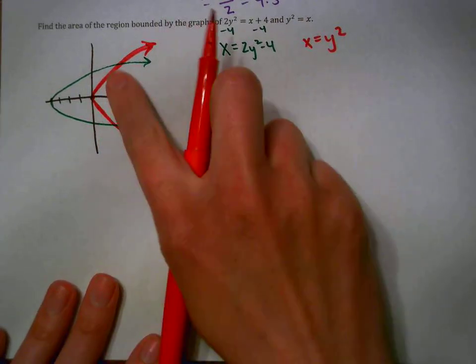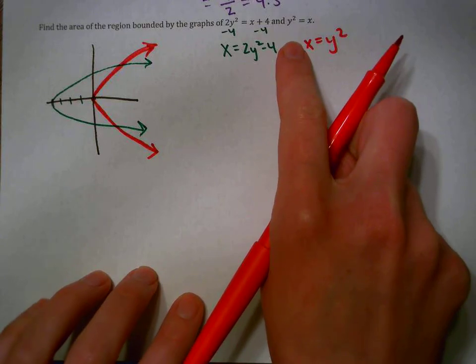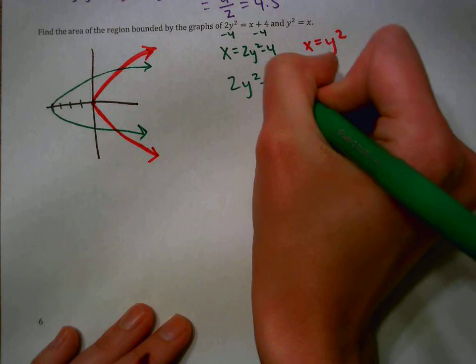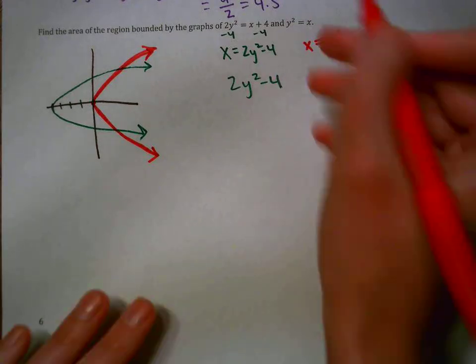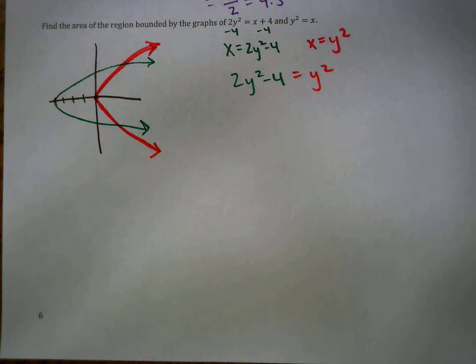And so what are these points right here? If we go ahead and set these equal and get our intersection points, it might make more sense. So if we take 2y squared minus 4 and set it equal to y squared, let's move everything over to the left side. You could do either one.